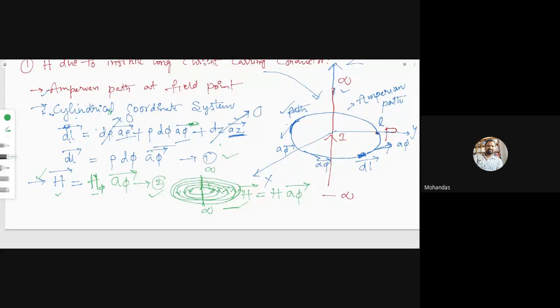211, Abhishek. Sir. Any doubts on this point, how we are calculating H? No sir. Next, 217. Hello. 217, are you there? Regular 217.